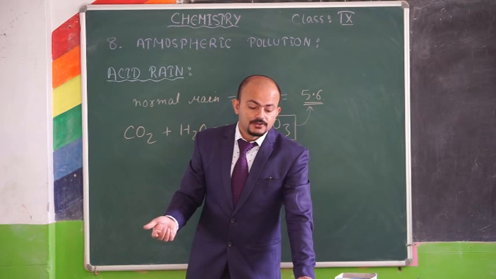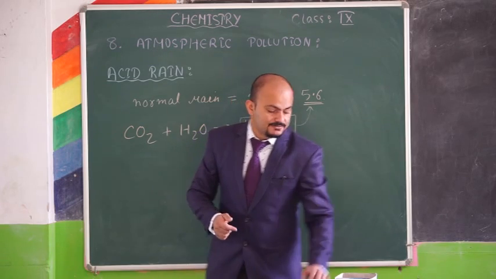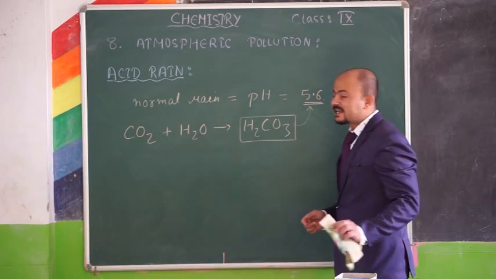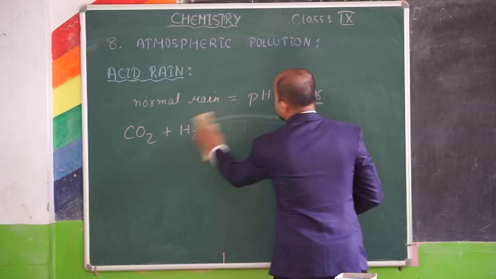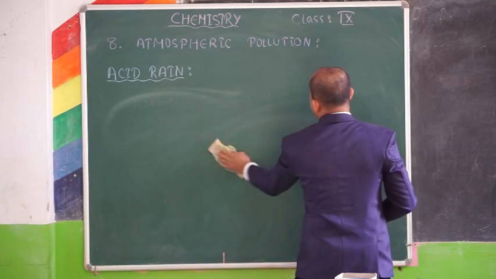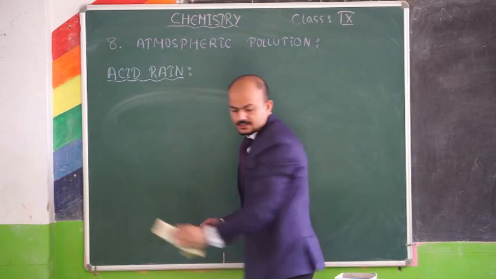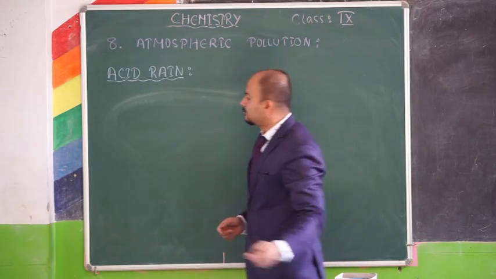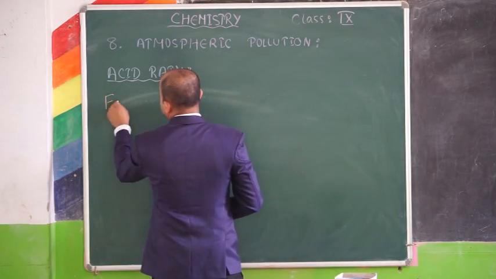So let's discuss about formation of nitric acid first. Nitric acid and sulfuric acid, they are the main components of acid rain. So we are going to discuss about formation of nitric acid.